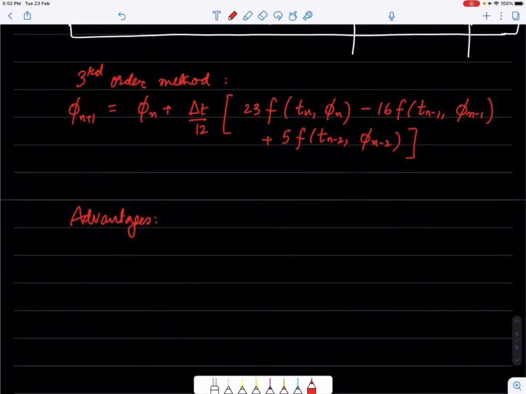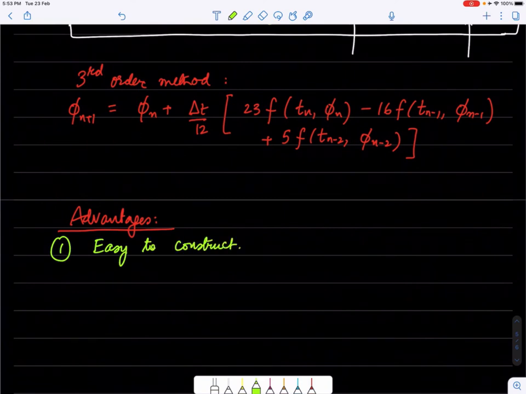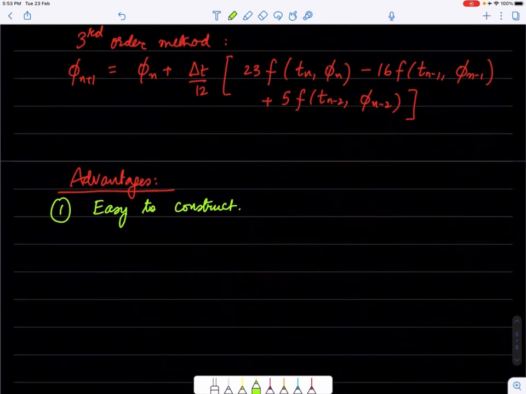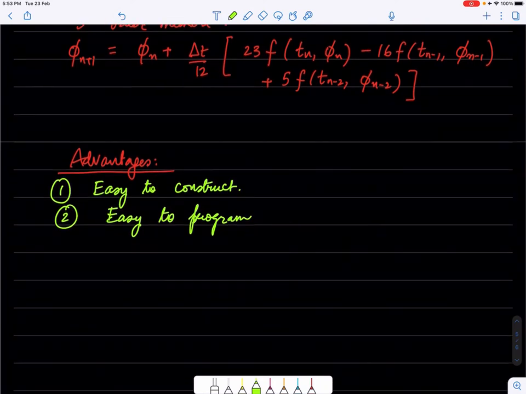Now the advantages of using multi-point methods are that, first of all, these are quite easy to construct for any order. The second advantage comes in because they are easy to program. These are explicit methods, remember, so all you need are functional data points from the past.